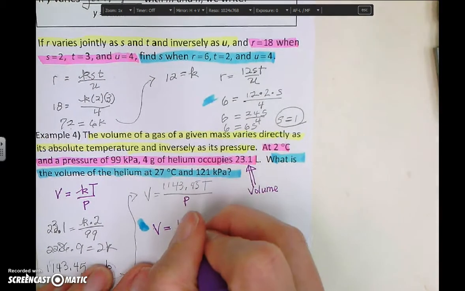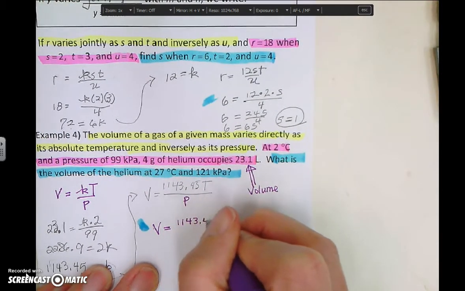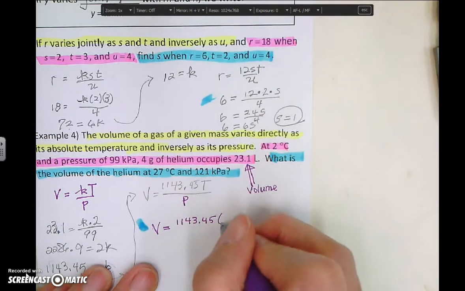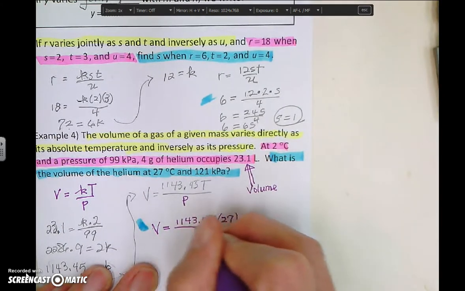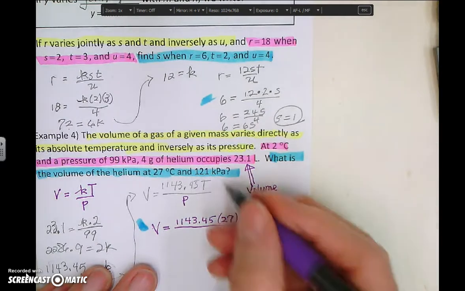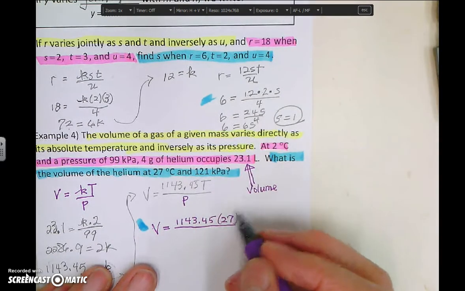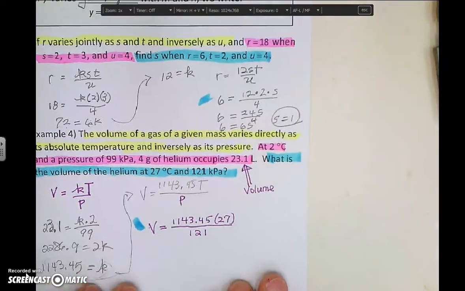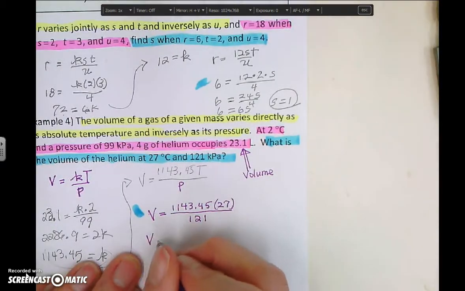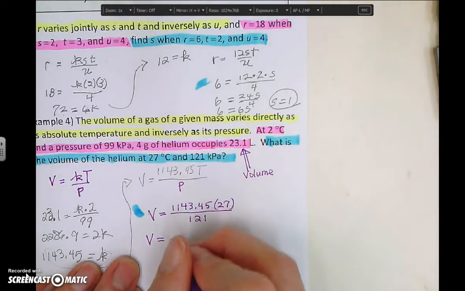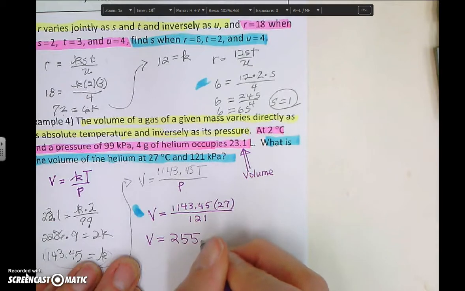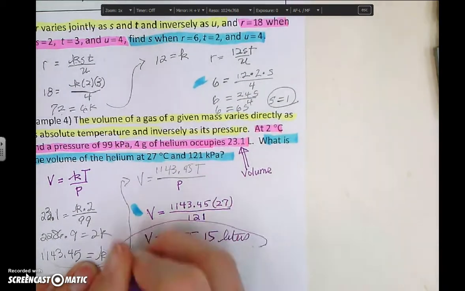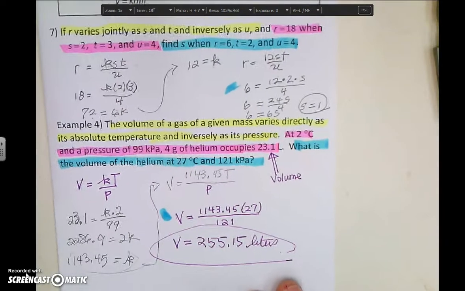So I'm going to have 1143.45 times the temperature, which is 27, divided by its pressure, which is 121. So I'm going to put that in my calculator and come up with 255.15, and that's volume, so it is liters. And that's going to be my final answer.